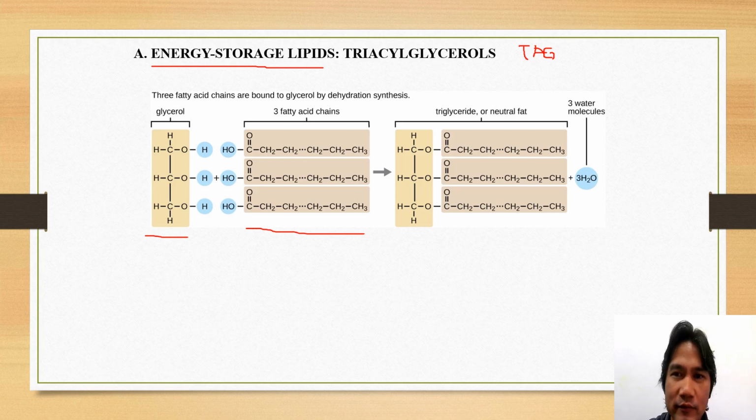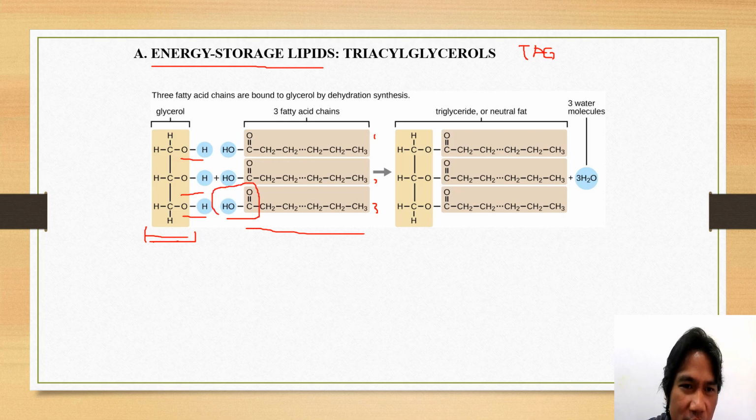I repeat, TAG is a molecule made by combining glycerol with three fatty acids. So this is the structure of glycerol. It's a molecule with three carbon atoms with three alcohols. And these are your three fatty acids: fatty acid 1, fatty acid 2, and fatty acid 3. You notice that the carboxyl group is right here. Okay, the carboxyl groups are right here.